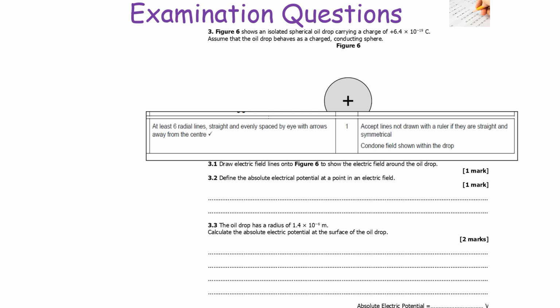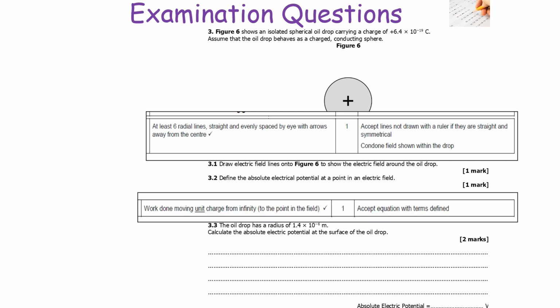Because the arrows show the direction that a positively charged object would take in the field, and positively charged objects repel other positively charged objects, so the arrow should be pointing away from it. The next question asks you to define absolute electrical potential, and the definition is it's the work done in moving a unit charge from infinity to a place in the field. That's the definition of absolute electrical potential, which you should just learn.